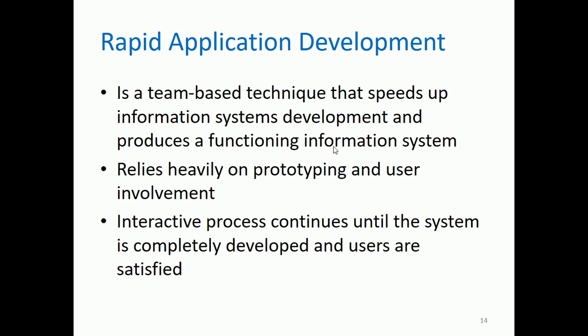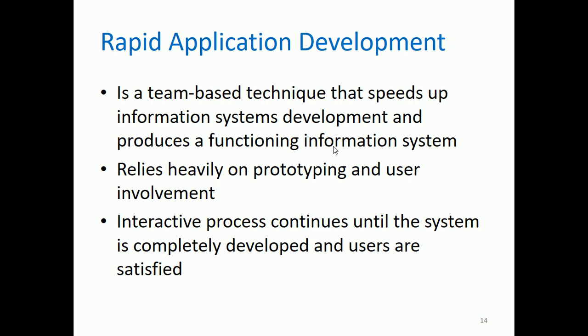Okay, next we have Rapid Application Development, or RAD. It is a team-based technique that speeds up information systems development and produces a functioning information system. It relies heavily on prototyping and user involvement.